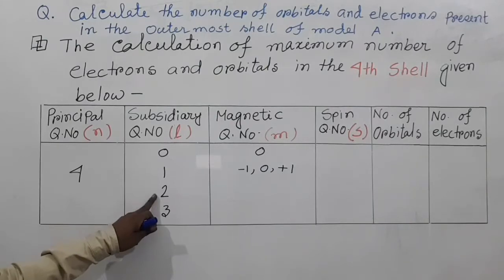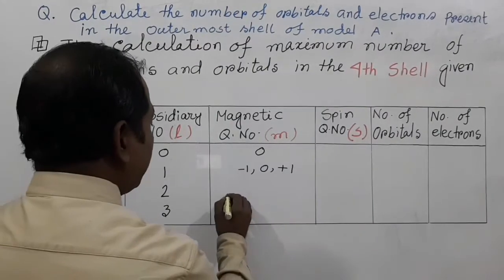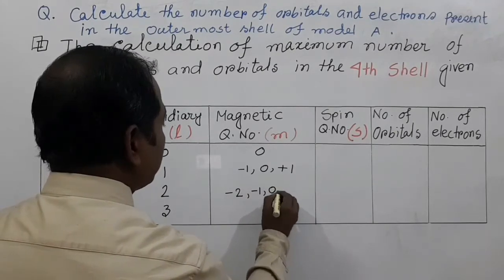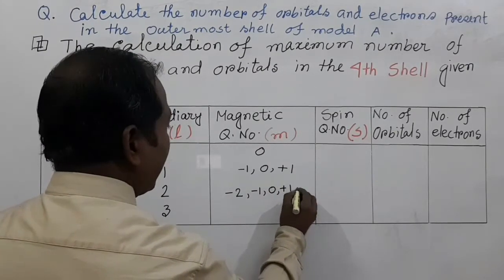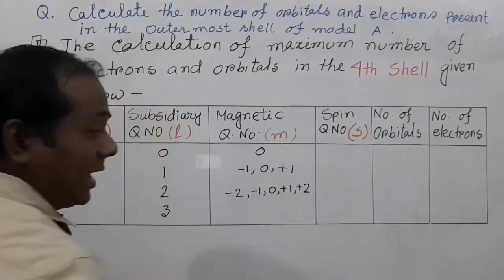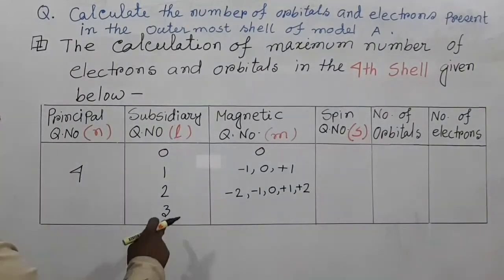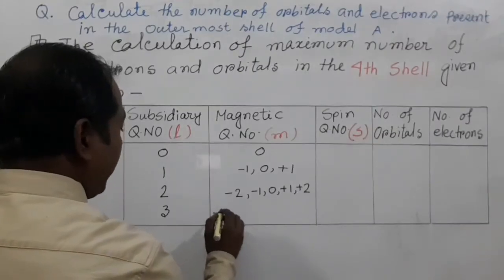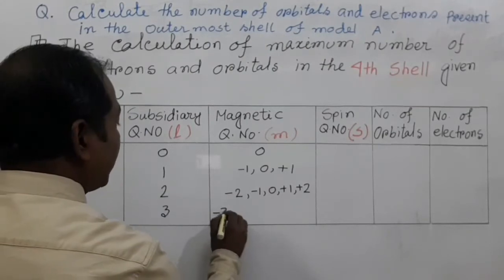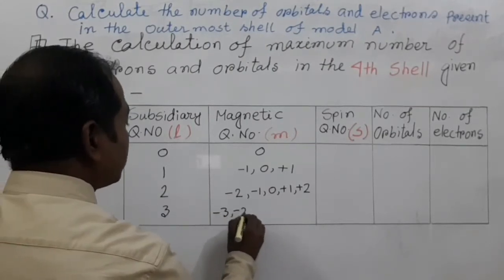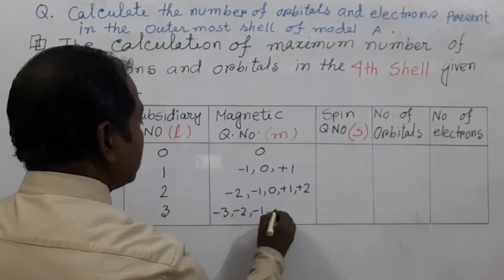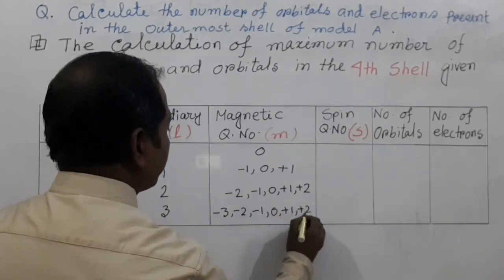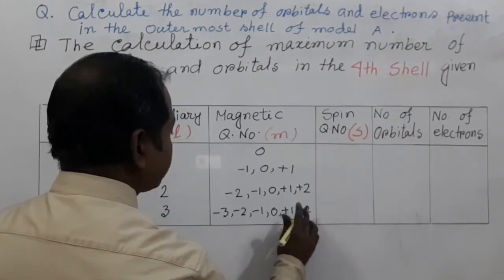When L equals 2, then M equals minus 2, minus 1, 0, plus 1 and plus 2. And when L equals 3, we get M equal to minus 3, minus 2, minus 1, 0, plus 1, plus 2 and plus 3.